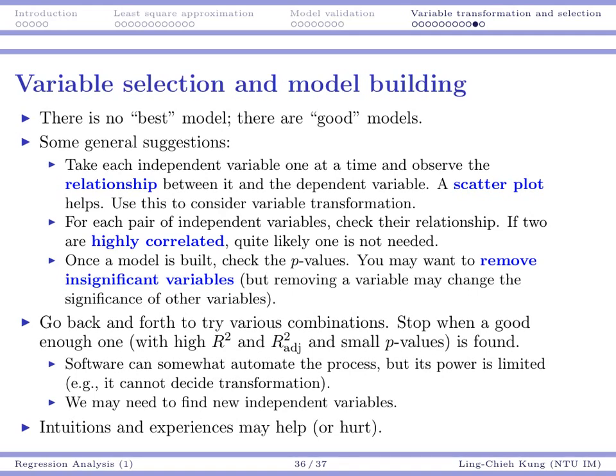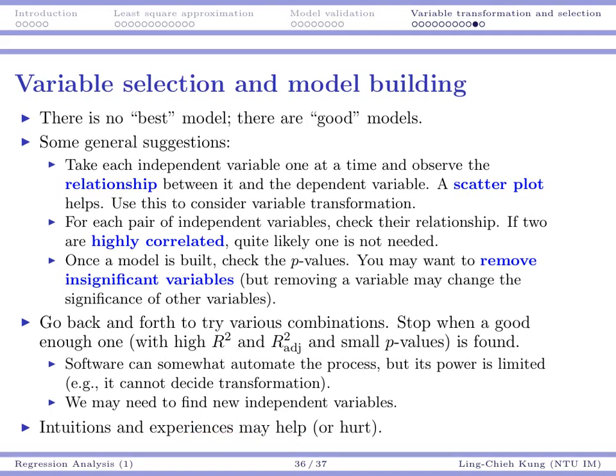So we really need to find a model by ourselves. Or sometimes if we just cannot find a good one, we may need to think about whether we miss some important independent variables. Okay? So regression is powerful, useful, but it's also hard because you need to do a lot of things. Sometimes intuitions and experiences may help.